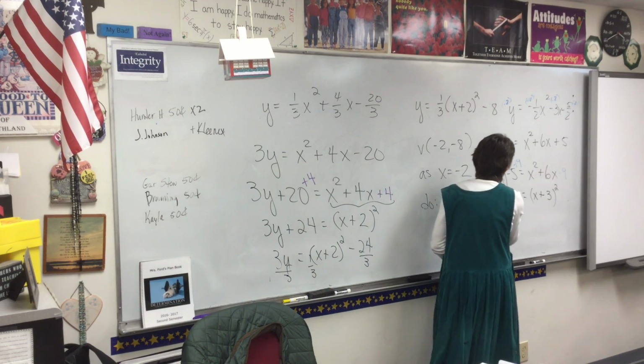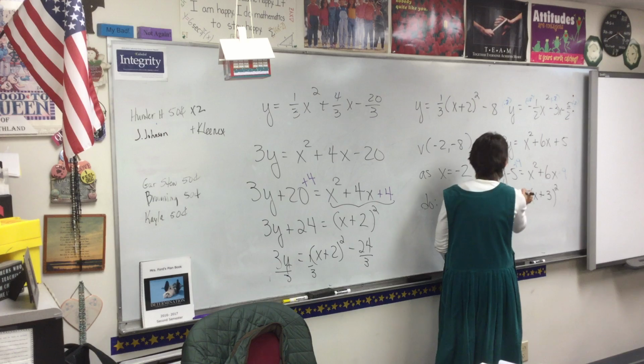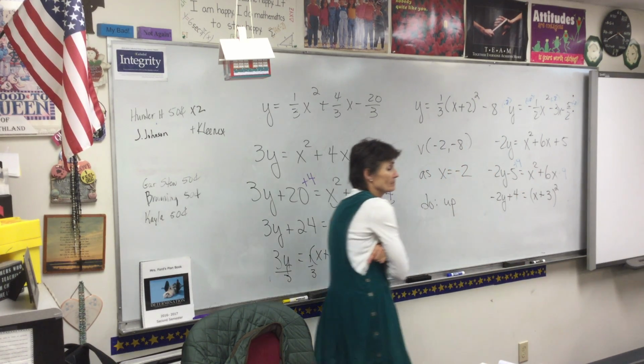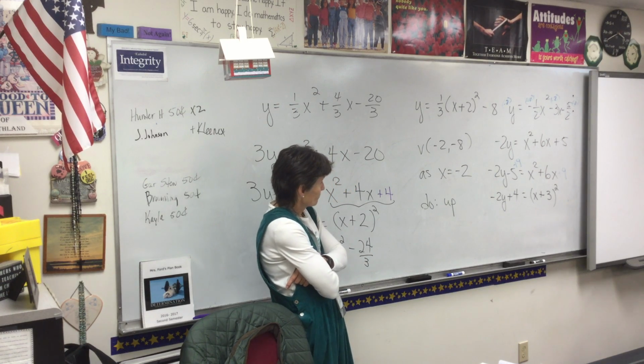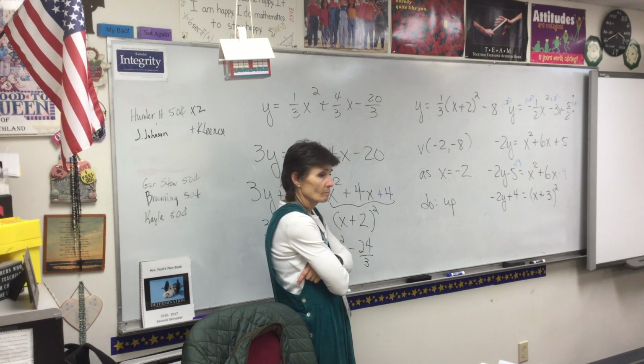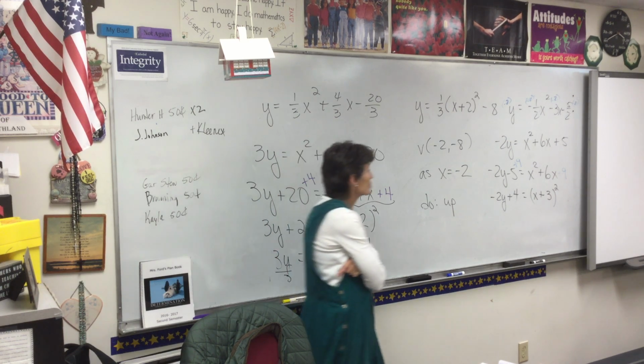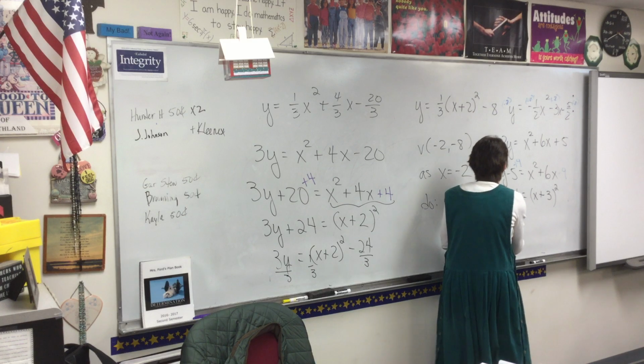And over here, negative 2y plus 4. You're adding a negative 5 and a positive 9. So subtract the 4.